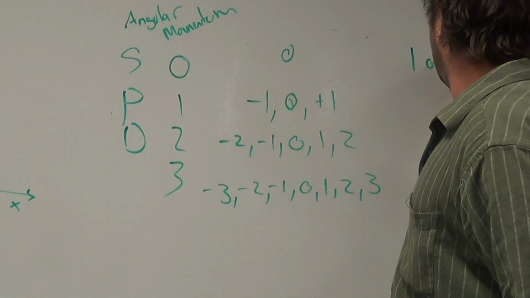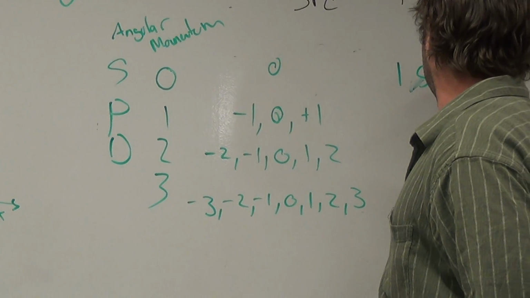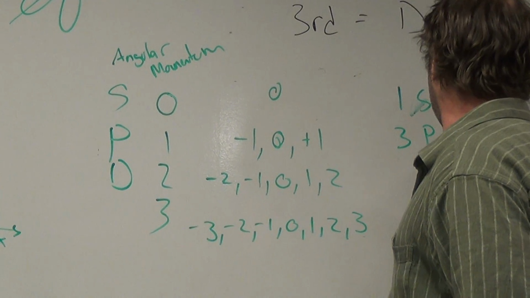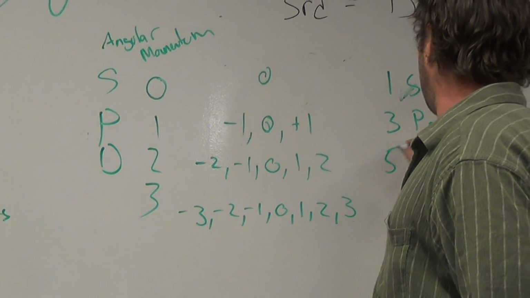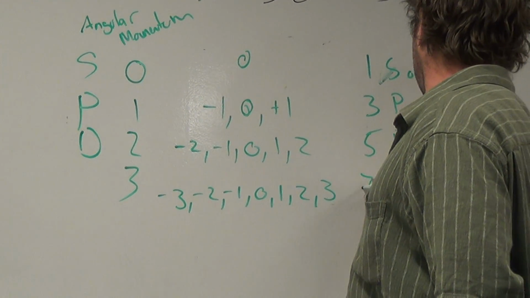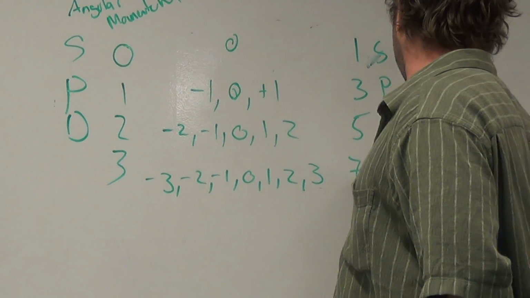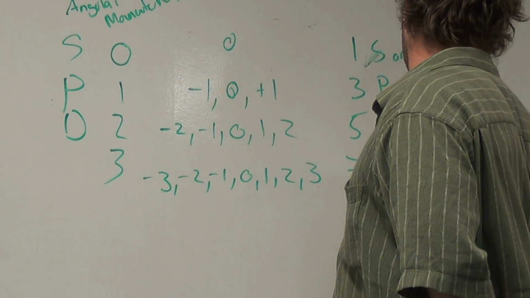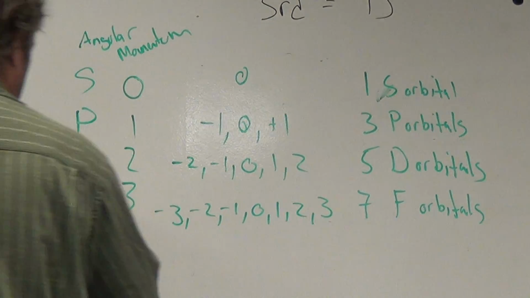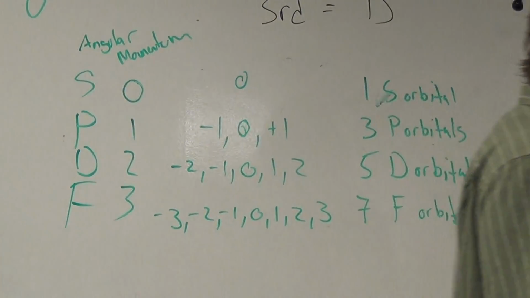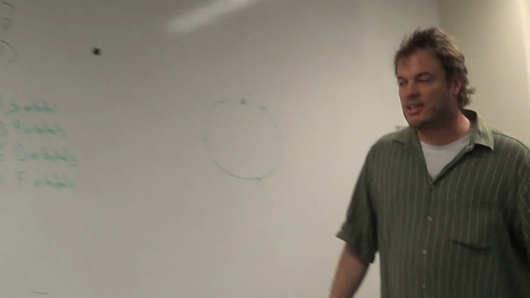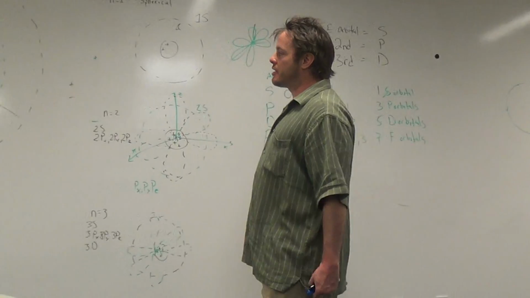So 1 s orbital, 3 p orbitals, 5 d orbitals, 7 f orbitals, and again, that all just falls out of the properties of the magnetism of that particular atom.